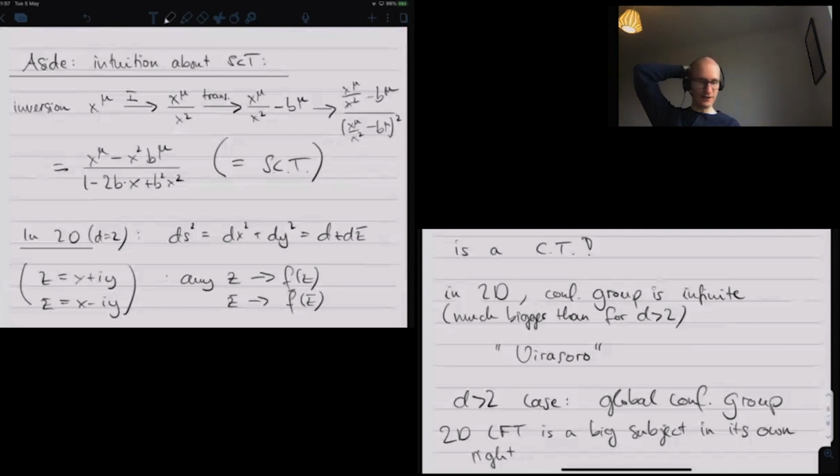But what I can say is that there is a similar structure related to the so-called supertranslation group.